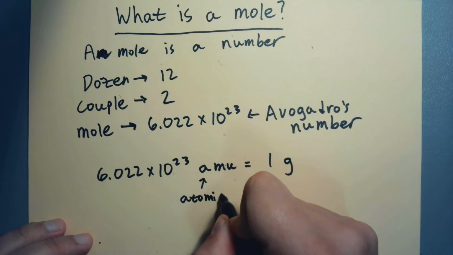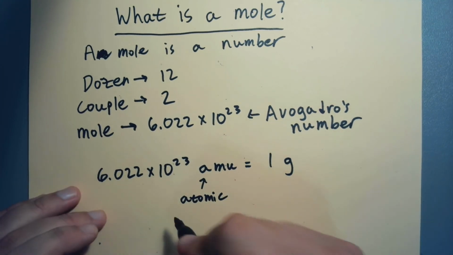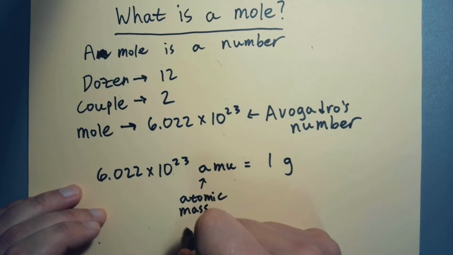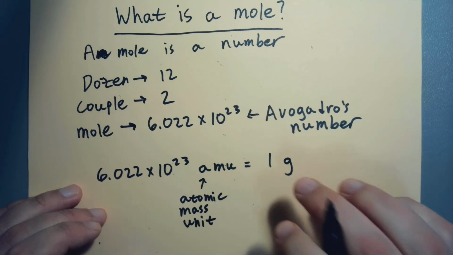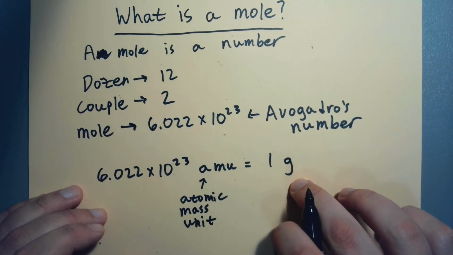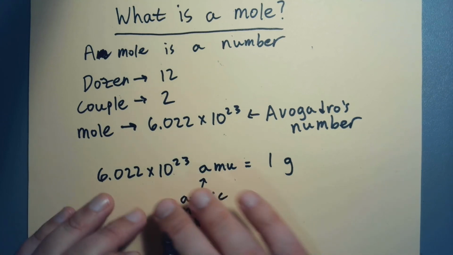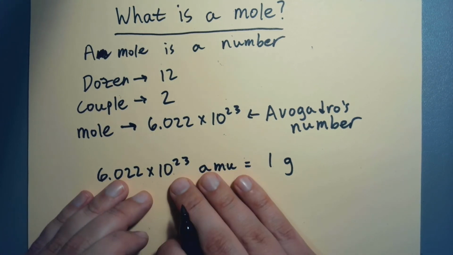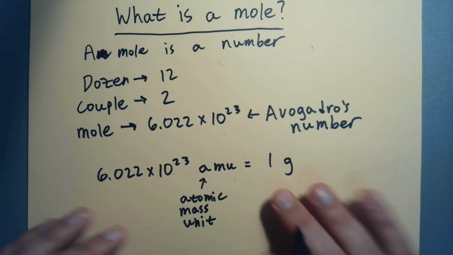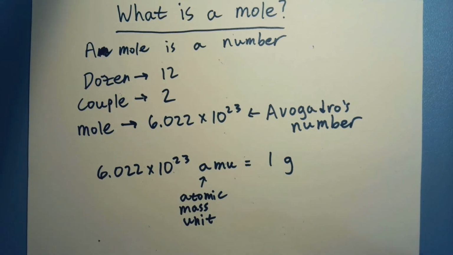So we had this set of stuff for when we're talking about atoms. But then we have our SI, our scientific unit over here. They're not the same. But if I have a bunch, this is a lot of AMUs, by the way, I get a gram. So, what is a mole?